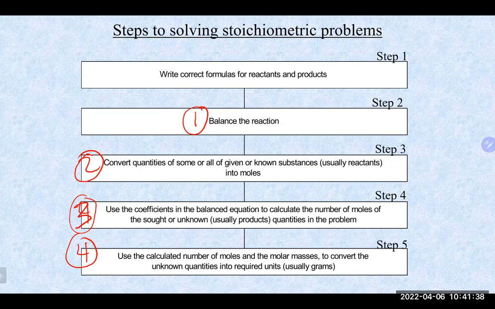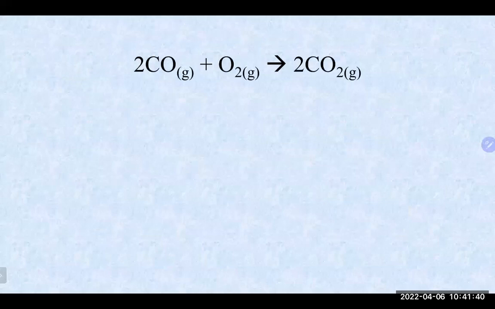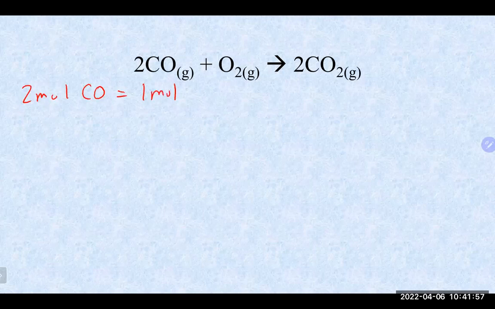So let's talk about what we can get from an equation. If we have an equation like this, we could get several stoichiometric relationships. Again, we could look at this and say for every 2 moles of CO that we toss in there, we need to toss in 1 mole of O2. And those numbers are coming from the coefficients in the balanced equation.